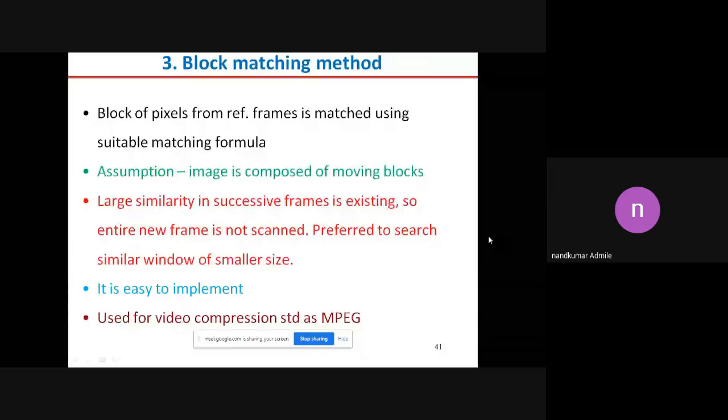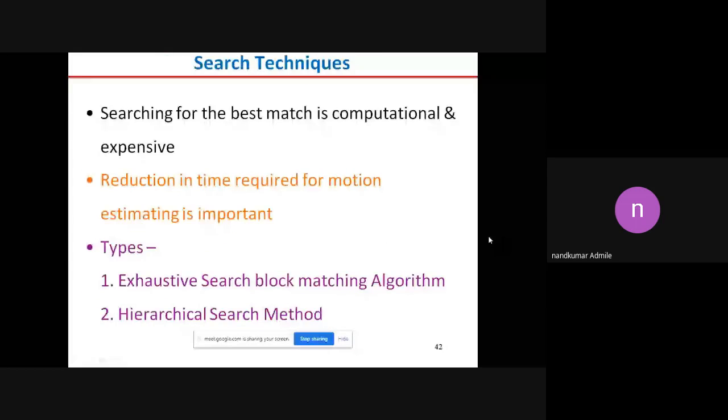Motion is present in a particular block, so we can mark the position in that particular block. Similarly, in the block matching method, we consider the motion of a particular object in particular blocks.